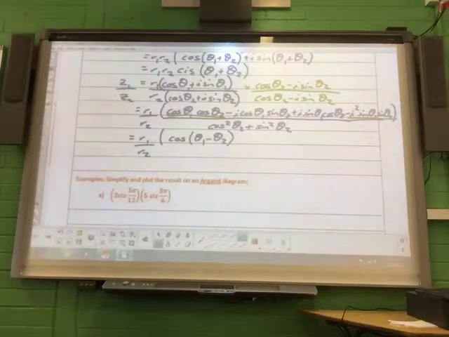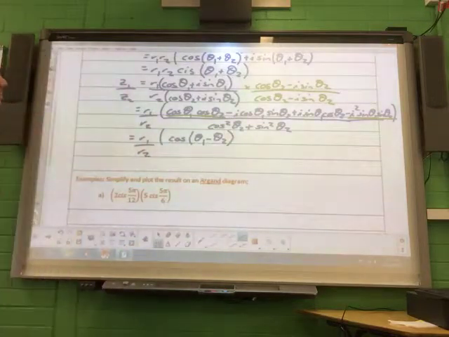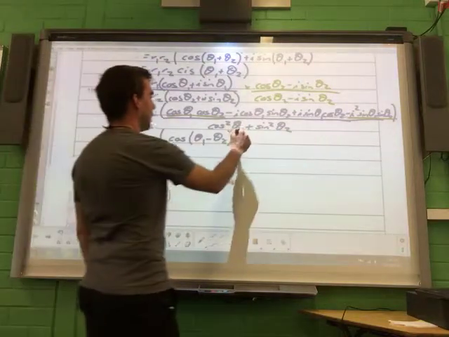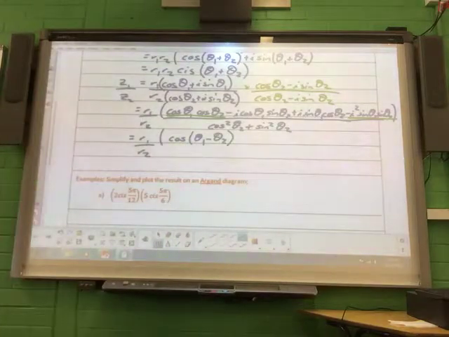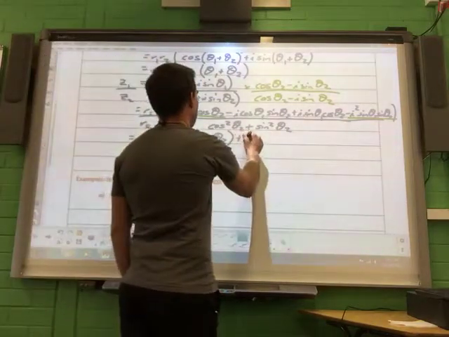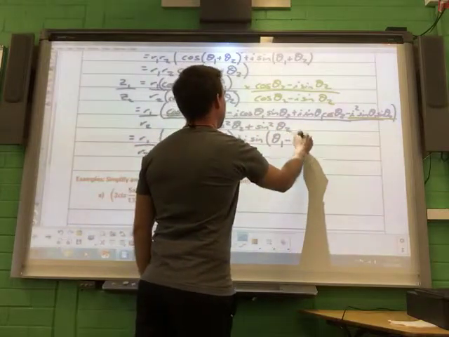Good. Yep, so we've got the denominator of 1 here as well. Okay, and then plus or minus? Plus, okay. i sine of theta 1 take away theta 2.